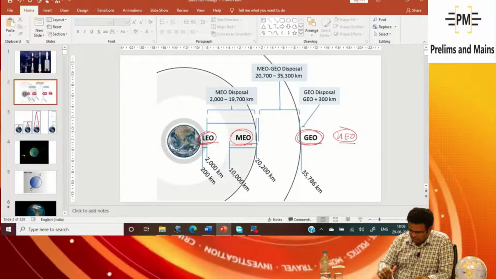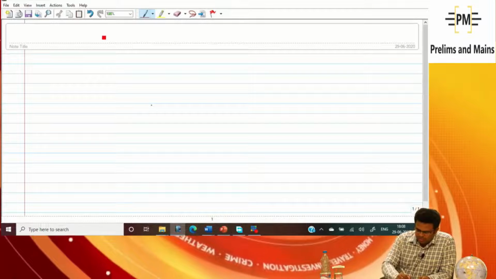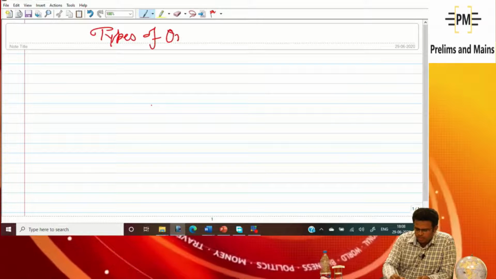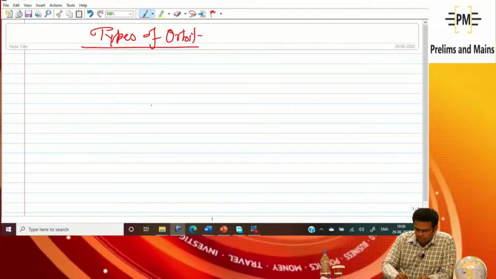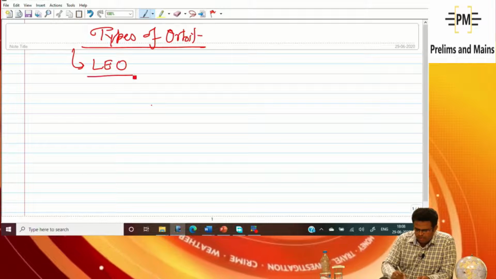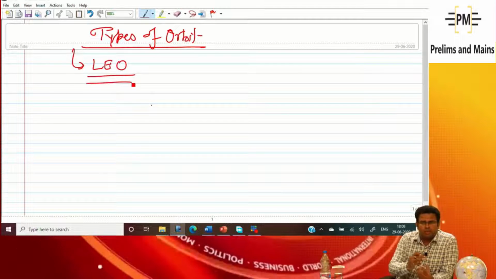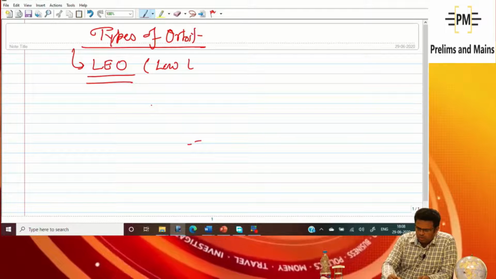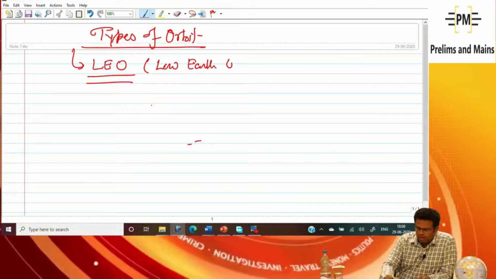Now the types of orbit. LEO means low Earth orbit.